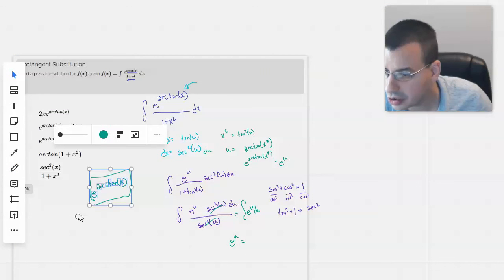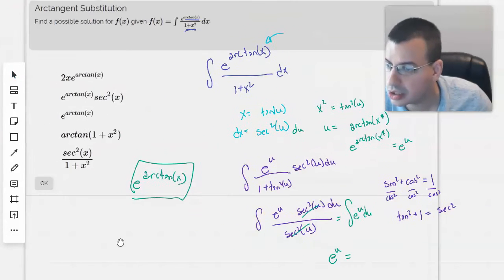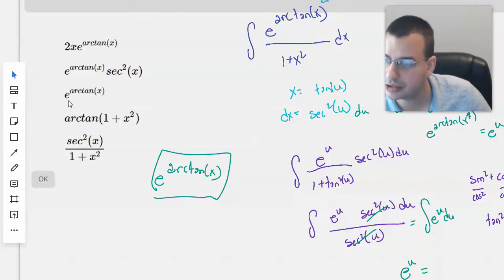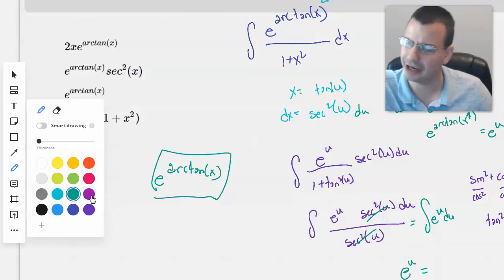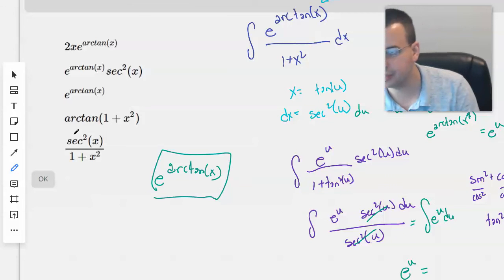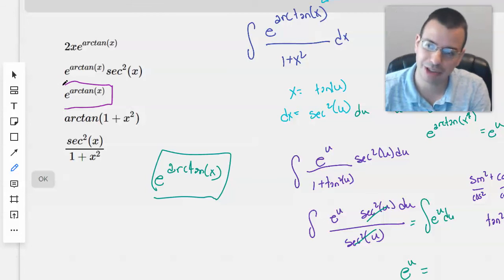Move this over here, straighten it out slightly. See if this is a possible answer. Yep, e to the arctangent. Yes! Oh, I feel so accomplished, though I know that most of that was probably just luck.